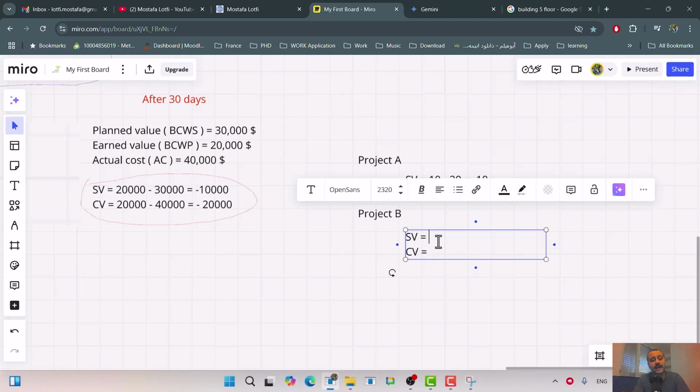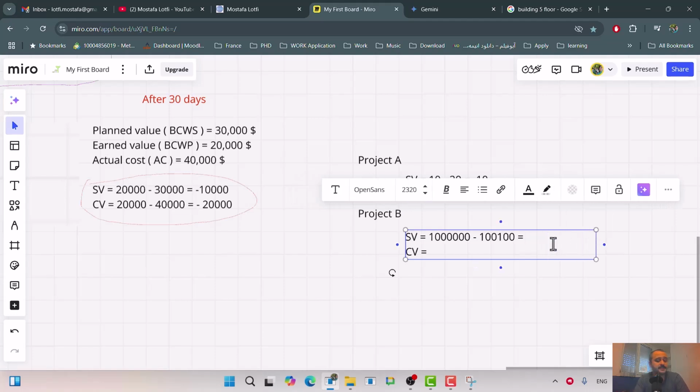For project B, let's say the earned value is 1 million and planned value is 1,100,000. Now the schedule variance for project B is minus 100,000, right?